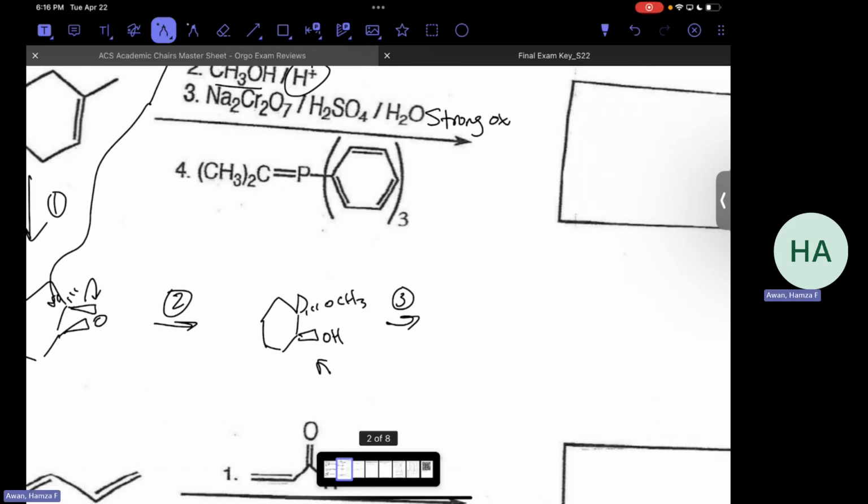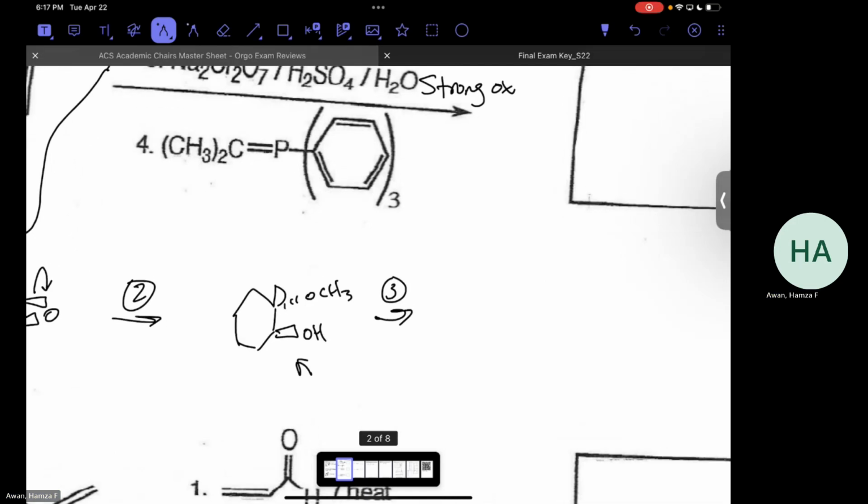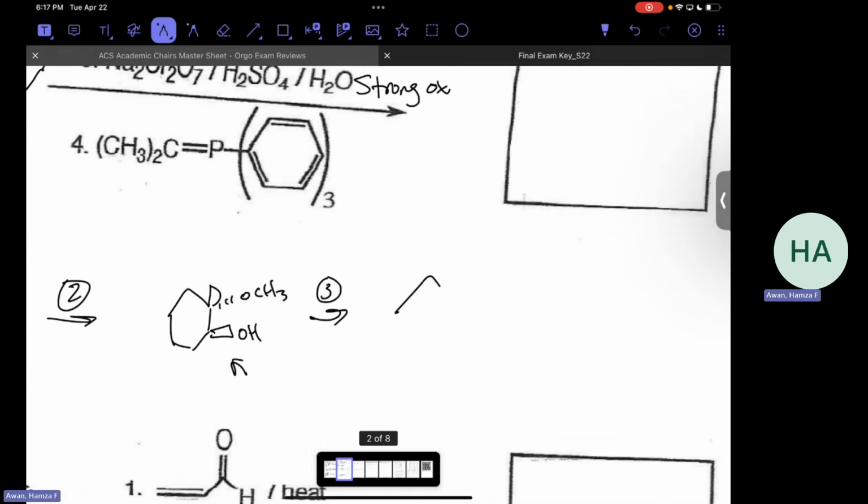So we won't be able to make carboxylic acids or esters or anything, but we'll make ketones from that secondary alcohol. If we had a primary alcohol, it would make the carboxylic acid, right? So for this step, we still have the same OCH3, and now we have a ketone.